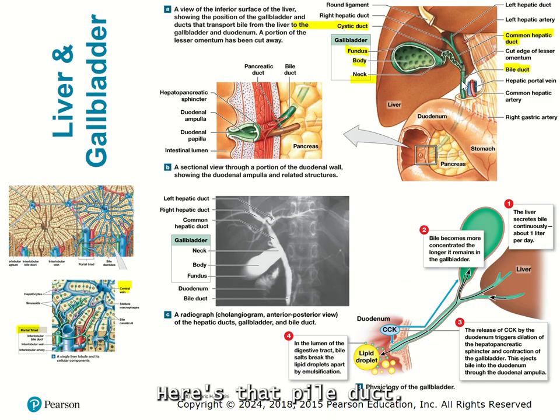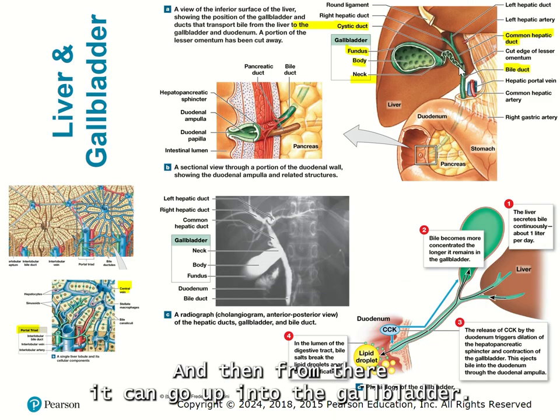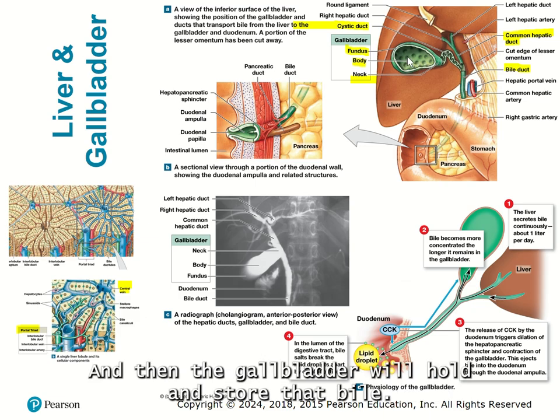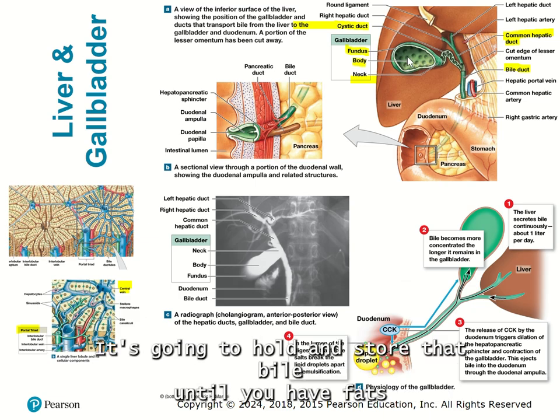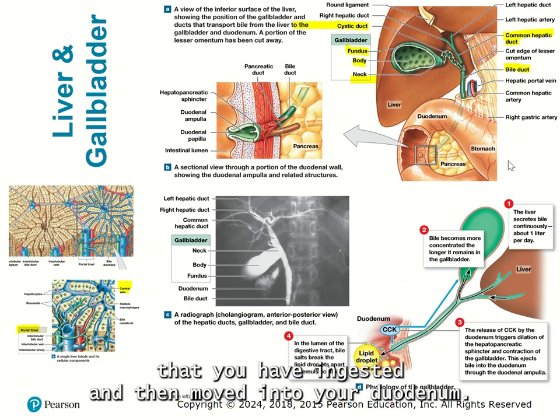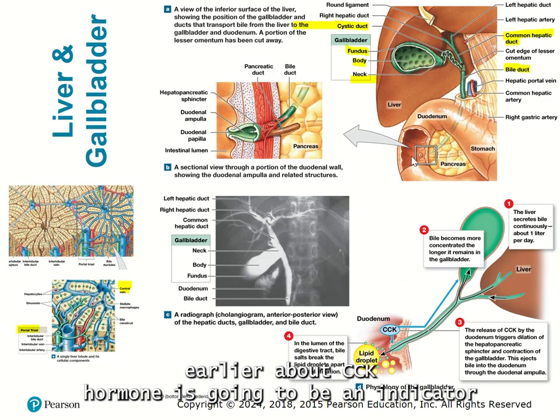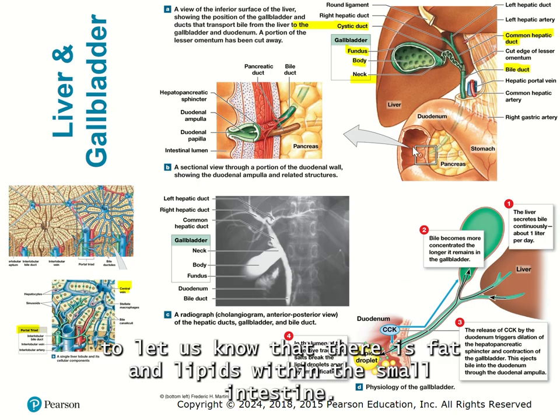Here's that bile duct. And then from there, it can go up into the gallbladder, and then the gallbladder will hold and store that bile. It's going to hold and store that bile until you have fats that you have ingested and then moved into your duodenum. Now, if you remember when we talked earlier about CCK, that CCK hormone is going to be an indicator to let us know that there is fat and lipids within the small intestine.